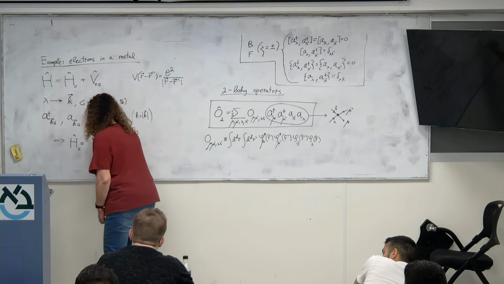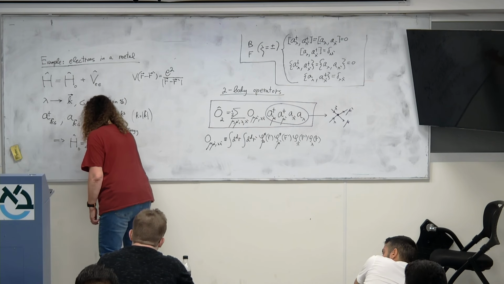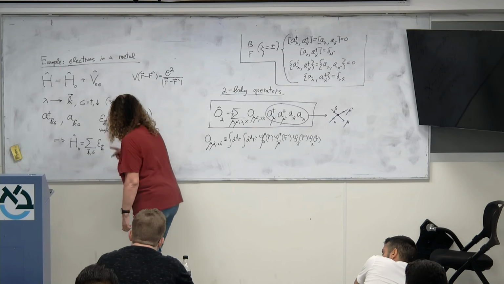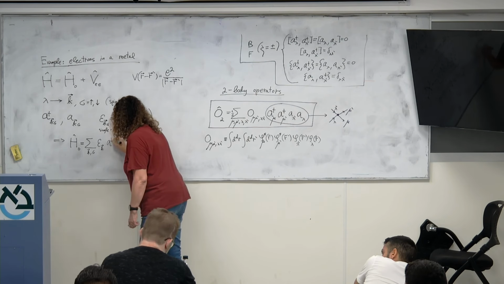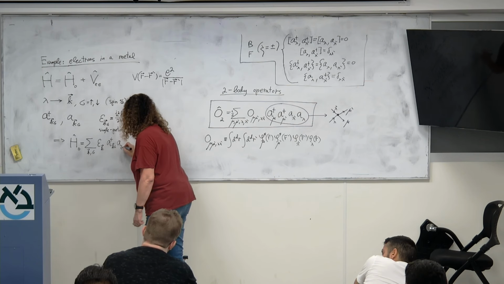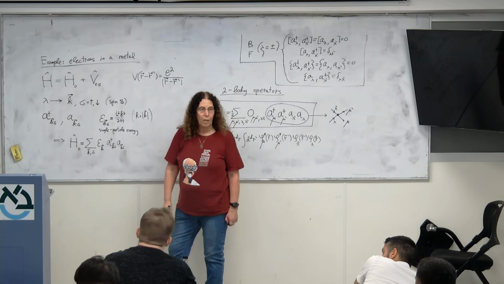So you can write it as a sum over k and sigma of epsilon k times a dagger k sigma a k sigma. This is what it is.